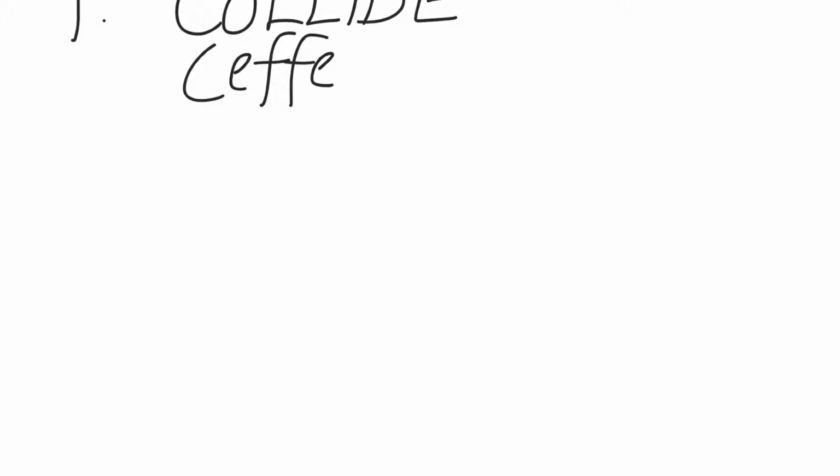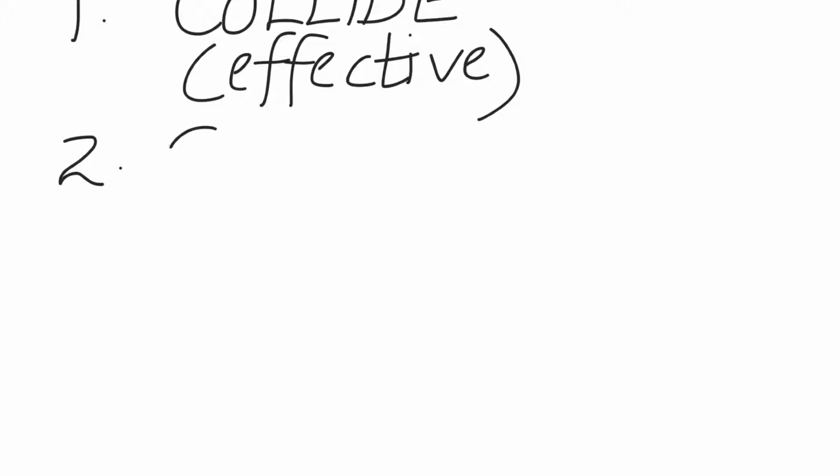Number 1, reacting particles have to collide with one another. Now this might seem a little bit obvious, but there we have it. And not only do they have to collide, but these collisions have to be effective collisions. Now what makes an effective collision are the following 2 points. First of all, the reacting particles must be correctly orientated.